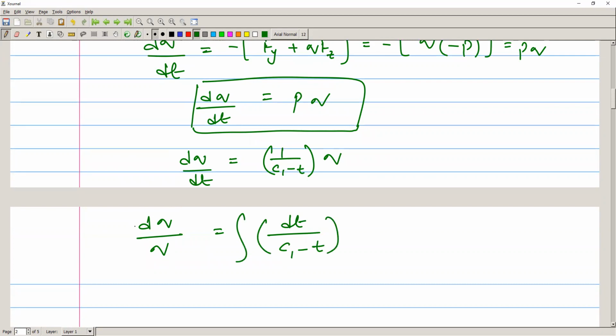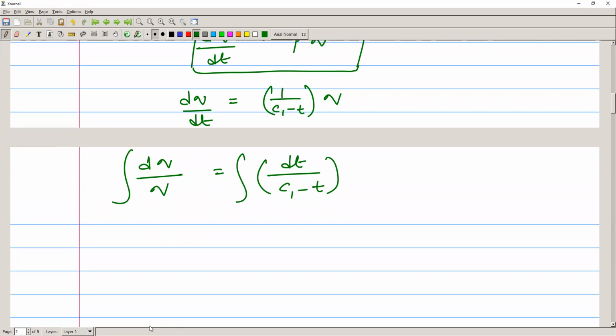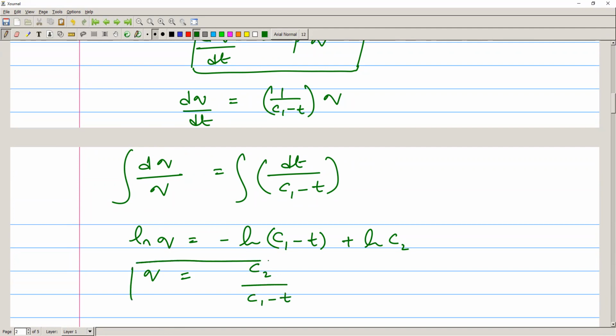This is integrable, so we'll integrate. So this will be ln q is equal to negative ln of c1 minus t plus ln c2. I can write this as q is equal to c2 over c1 minus t using the properties of logarithm. So now we found q as well.